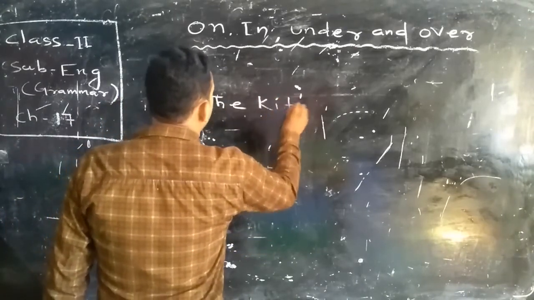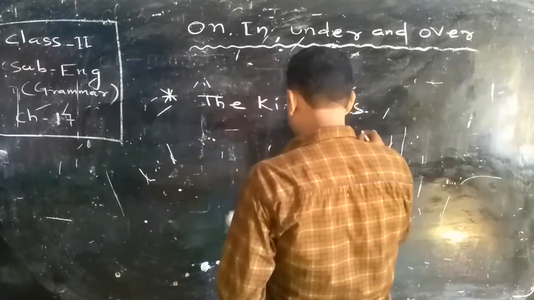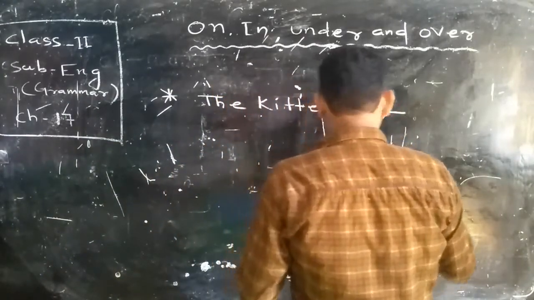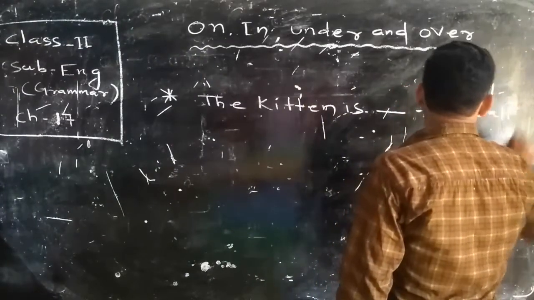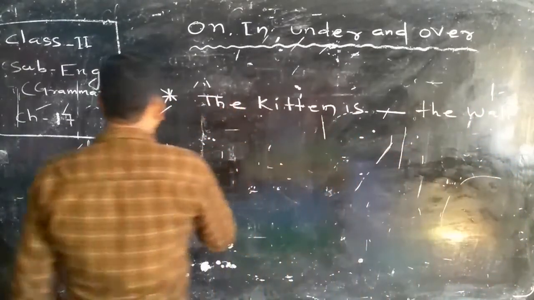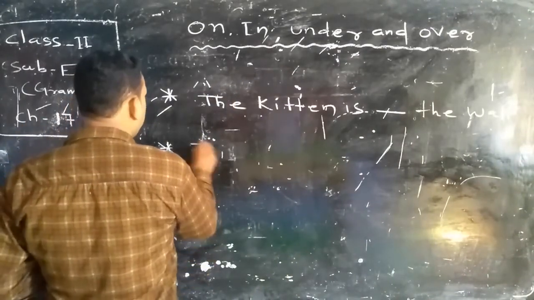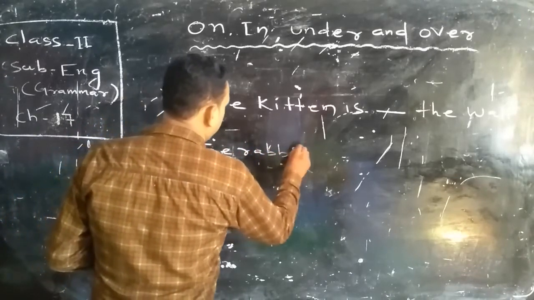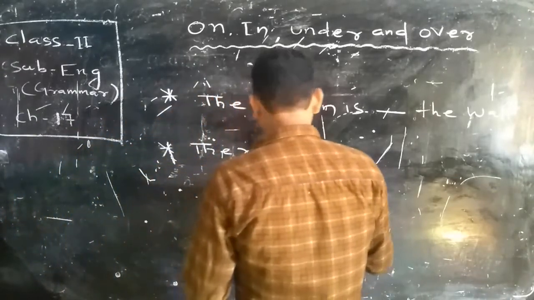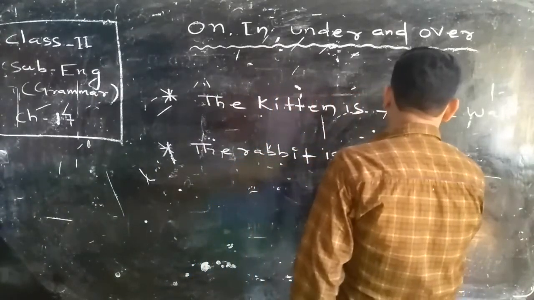First number, the kitten is dash the wall. Okay. Then number second, you have to see the rabbit. The rabbit is dash the box.